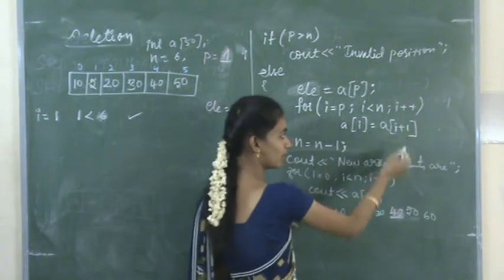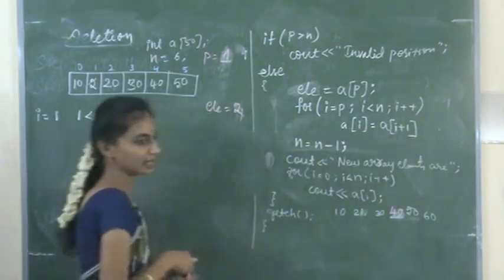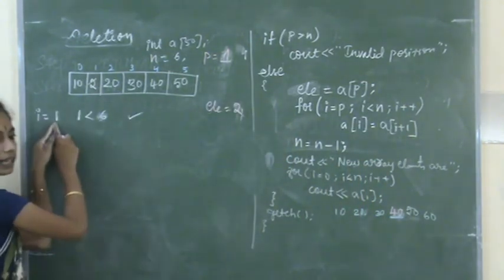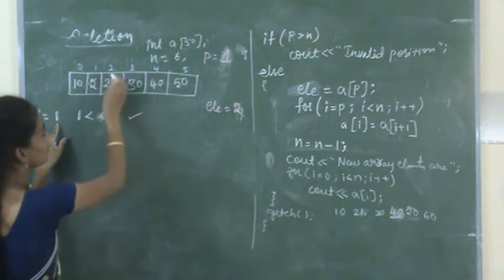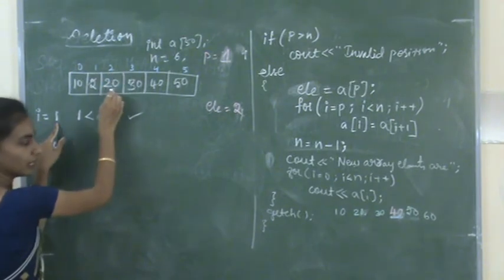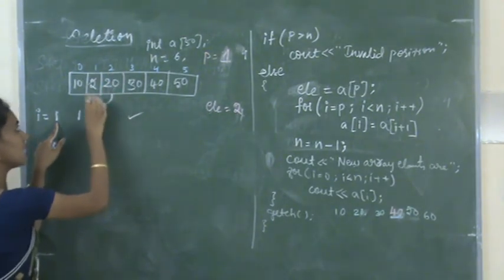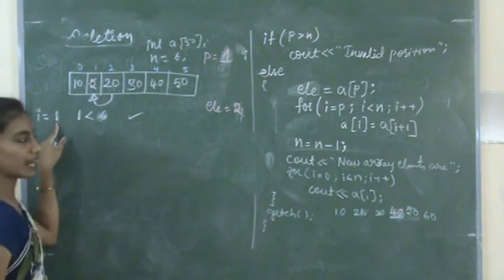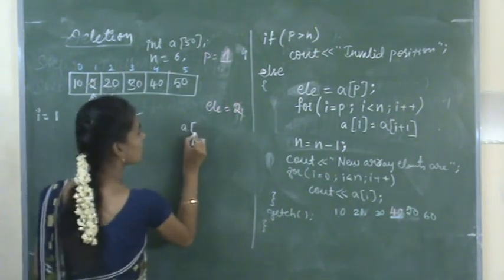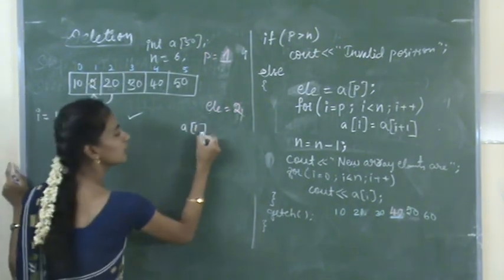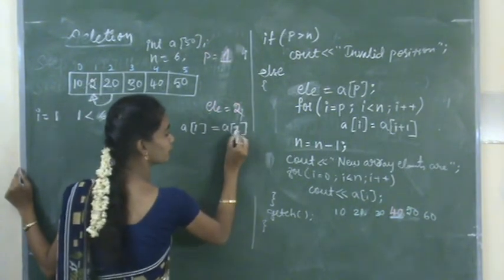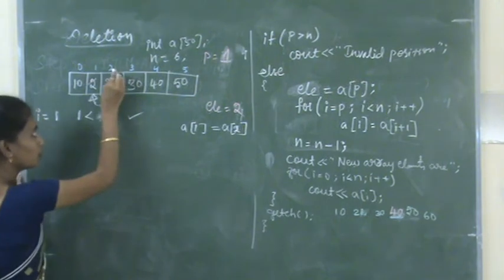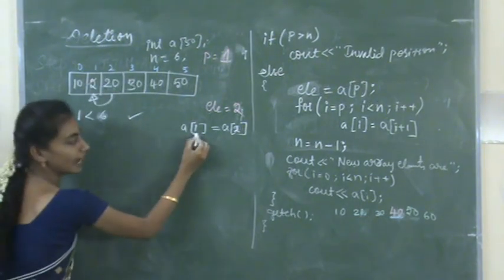So in this for loop, the i plus 1 value is assigned to i, right? So what is i here? i is 1. What is 1 plus 1? 2. So what is A of 2? That is 20. So this 20 is assigned to A of i. So A of 2 is assigned to A of 1.